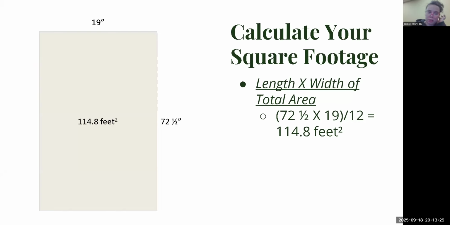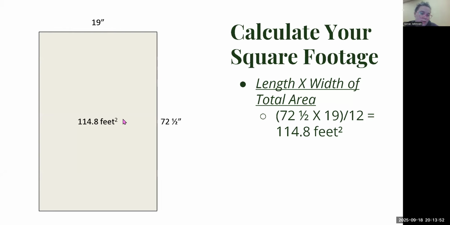So let's start with our hypothetical chicken spacing. First and foremost, calculate the square footage of the area that you're trying to put our hypothetical chickens in. In this case, we're going to use the same square that we did in the gardening basics area math: 19 inches by 72 and a half inches.